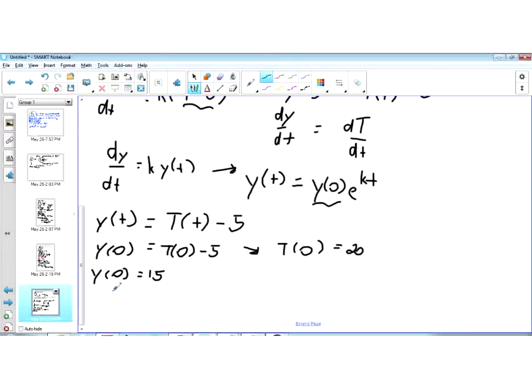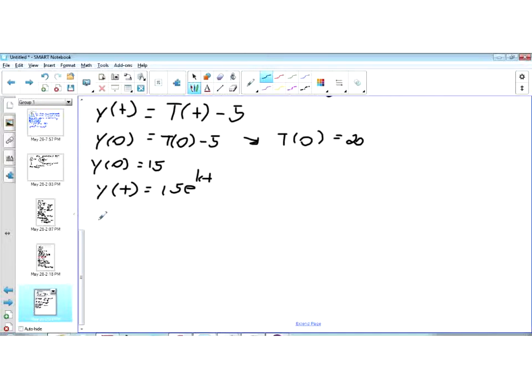Okay, so now we have the equation y of t is equal to 15 e to the kt. We take this y of t and plug it in here, and we solve for T of t.